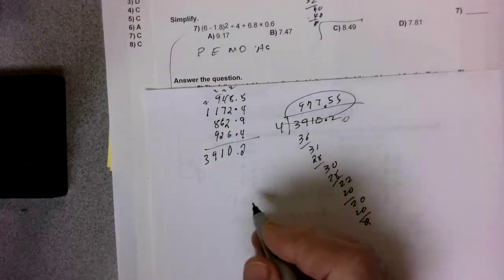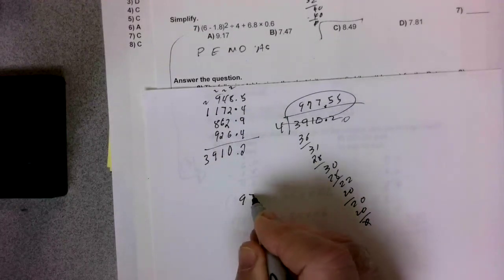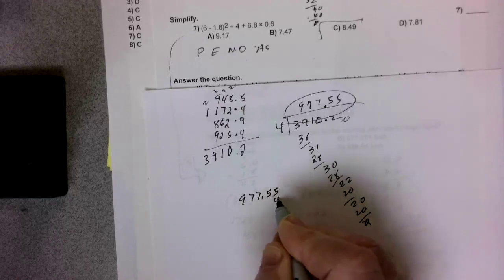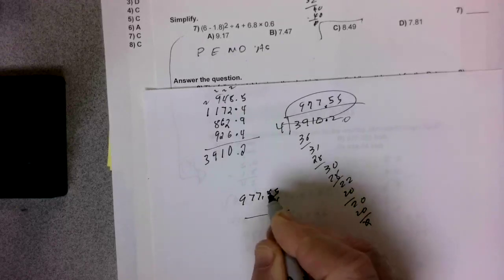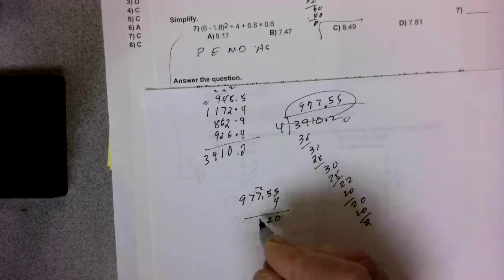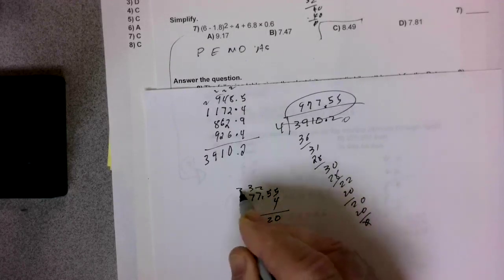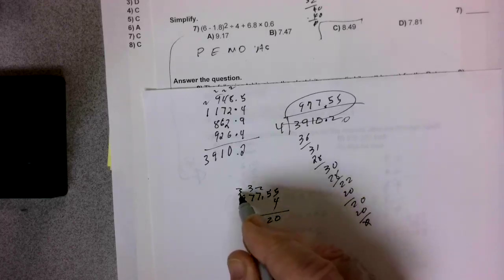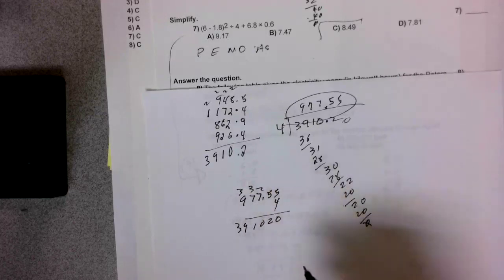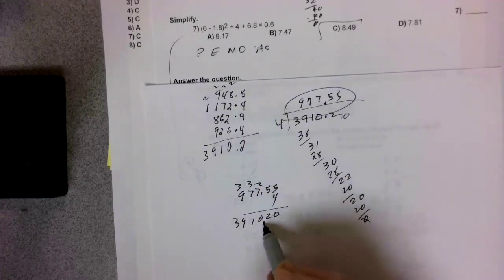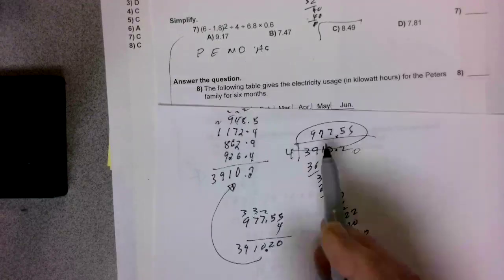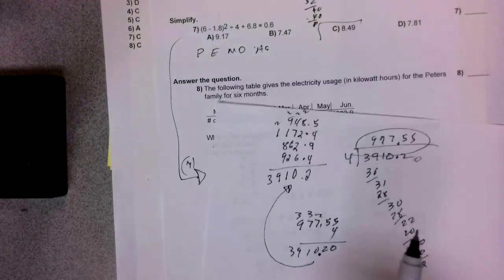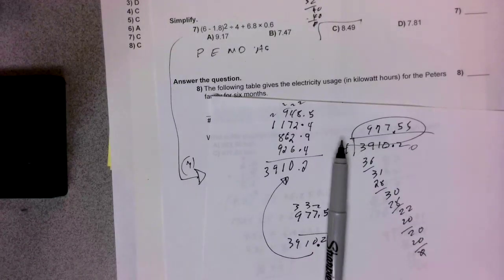If you wanted to check this, 977.55 times 4. 4 5s is 20. 4 5s is 20, 22. 4 7s is 28, 30. 4 7s is 28, 31. 4 9s is 36. And 3 is 39. And I do, in fact, count off 2 places. I get 3910.20, which is what we had before. So that answer was correct. All right, so not too difficult.